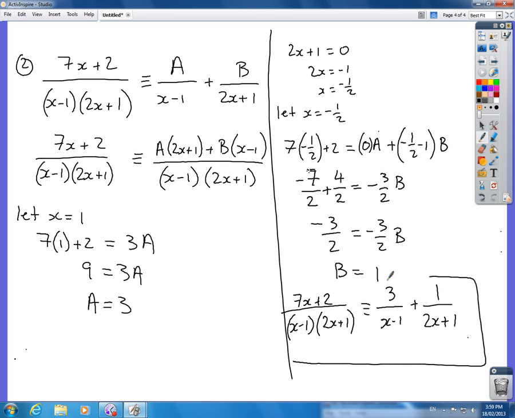And that's what we mean by separating into partial fractions. Have fun, and I'll see you next time.